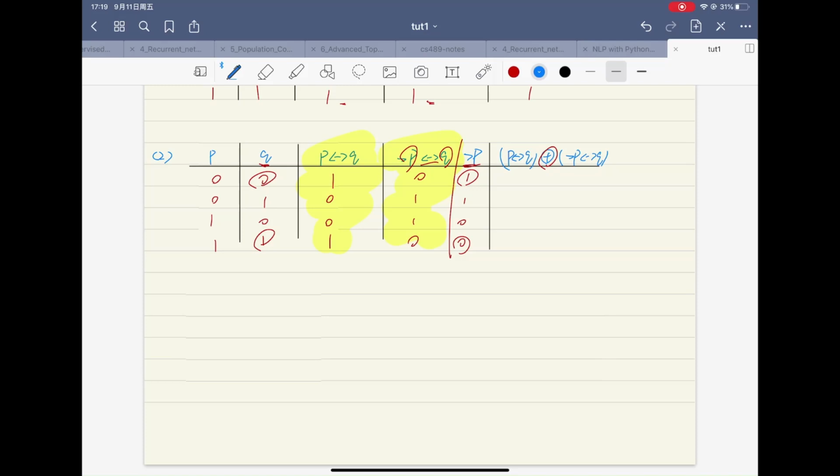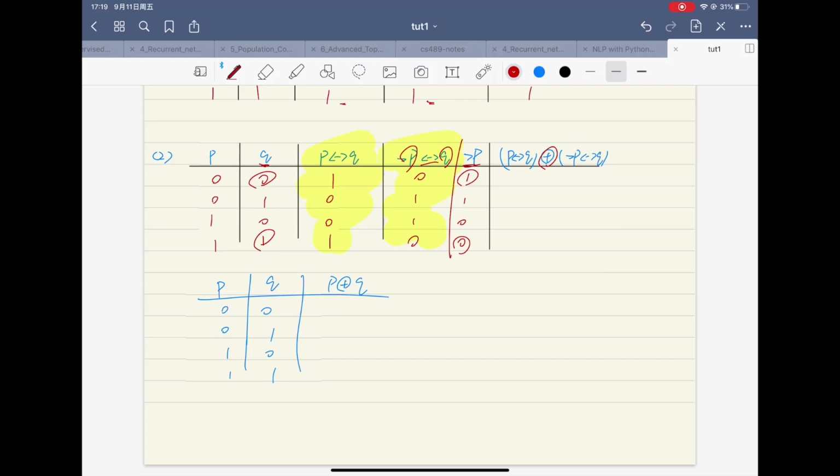Let me draw the truth table for you. P, Q, P XOR Q. The truth table for the XOR is for the XOR gate. If both sides are the same, then the output will be false.